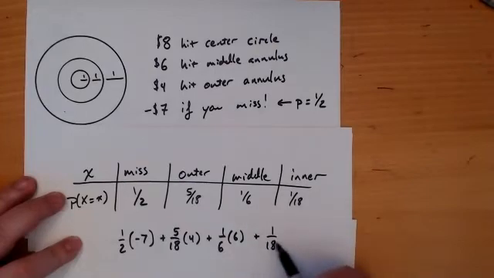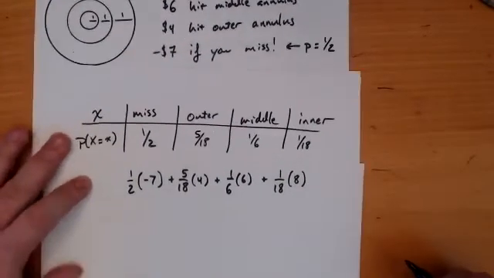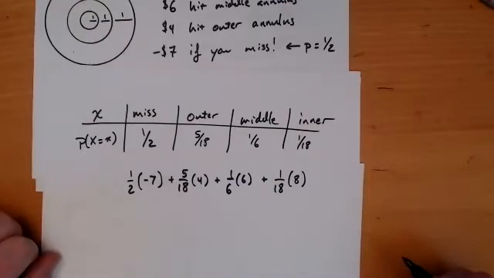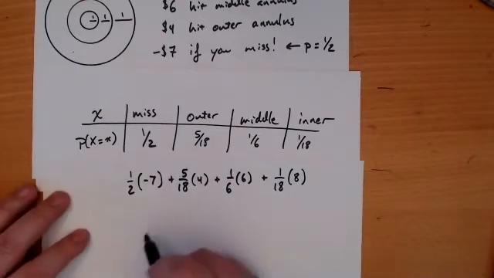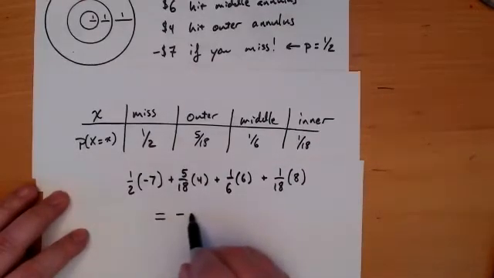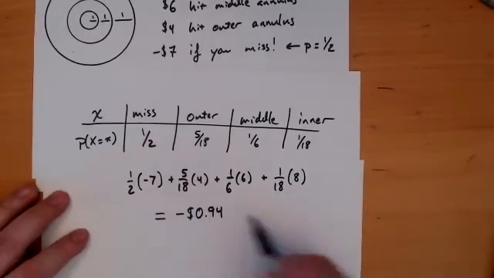And 1/18 of the time, you will win $8. So let's go ahead and compute that, just to make our lives easy, because we don't want to bother with it too much. And you will basically lose 94 cents each turn.